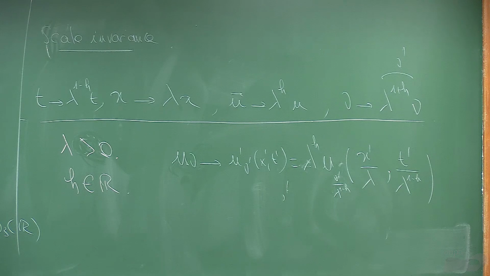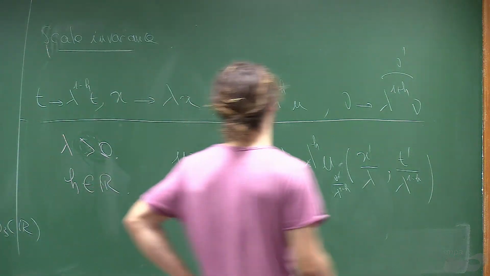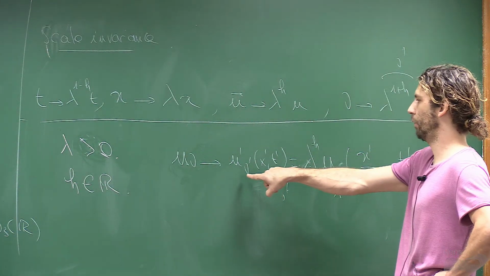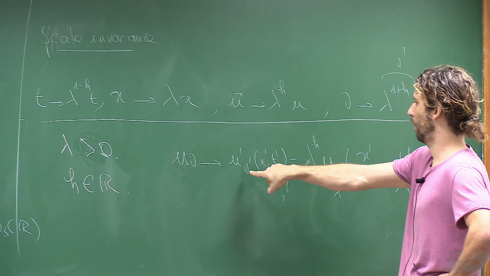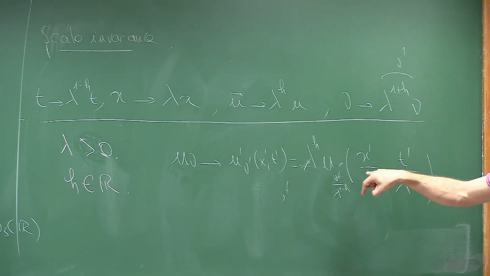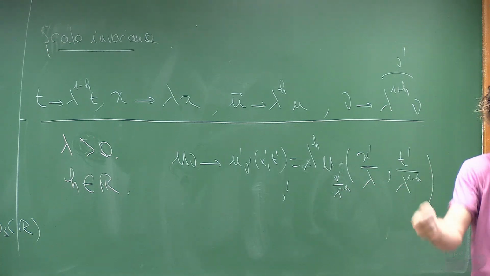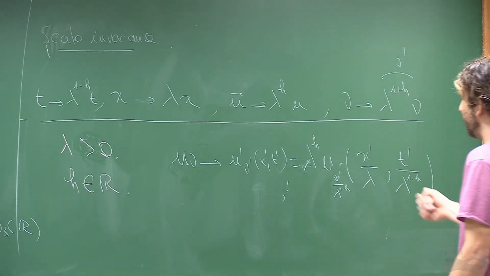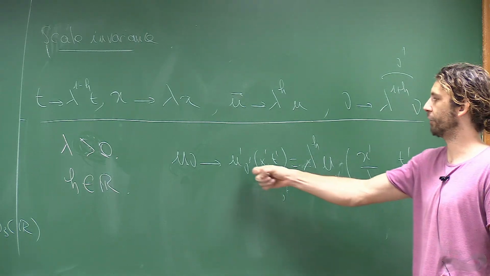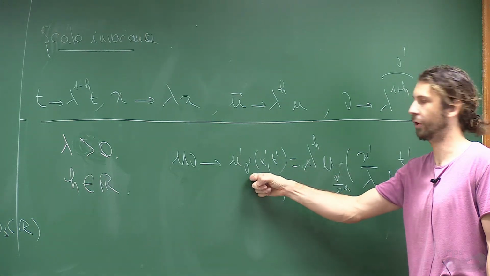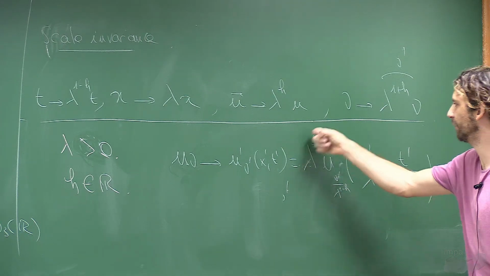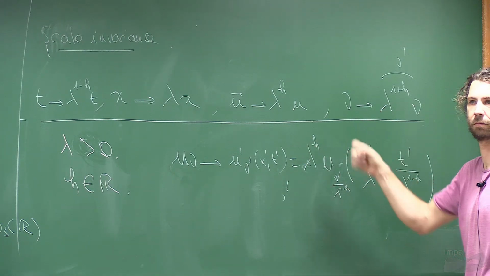So basically, again, the idea is that out of a solution which you know, with a viscosity that you know, you can create a new solution at a given nu prime, which is obtained through this transformation.